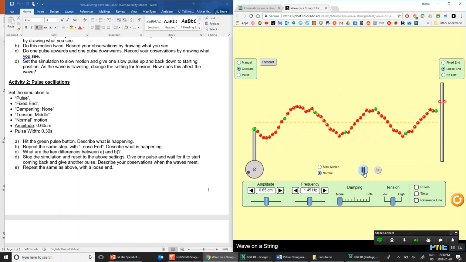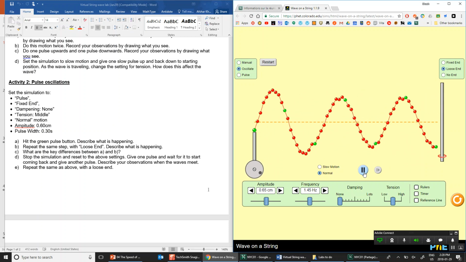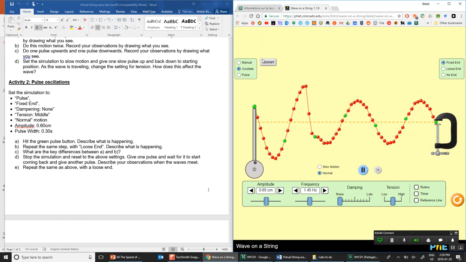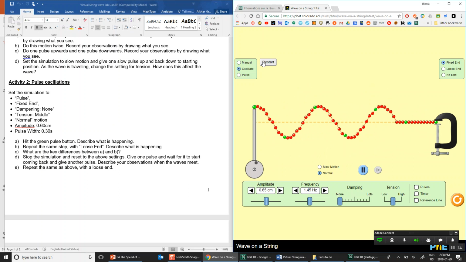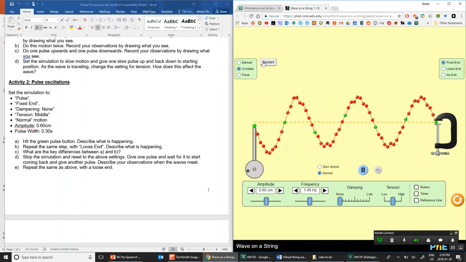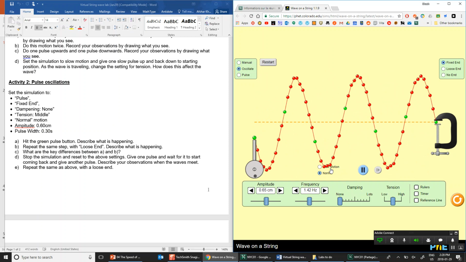Look at my right. You can see that these green ones... Really not clear. I might do better with the slow motion. Maybe bring this down a bit.